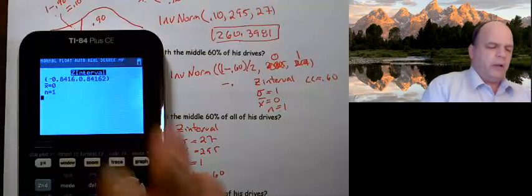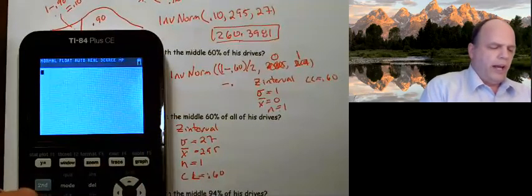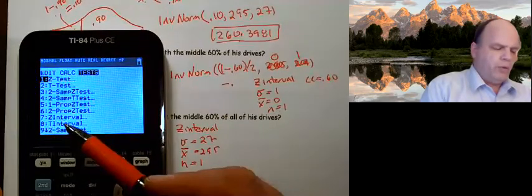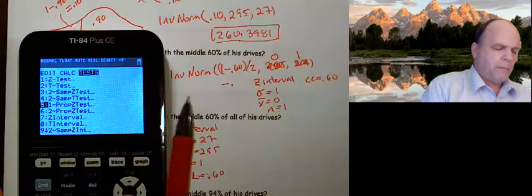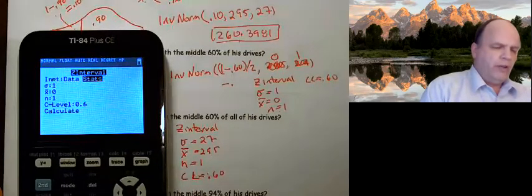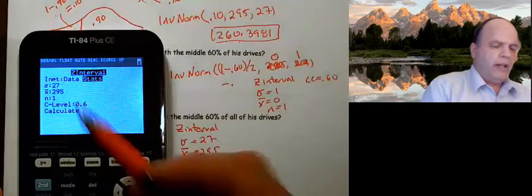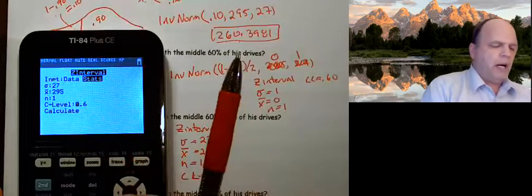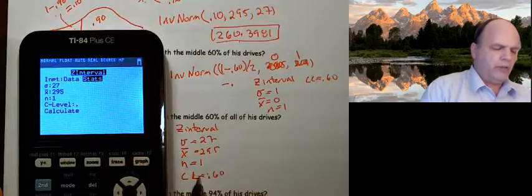So let's try that out. So stat, test, I'm going to scroll down to number 7, which is z-interval. My standard deviation was 27. My mean was 295. We said they didn't give us a sample size. When they don't, we're going to use 1. And we keep the confidence level of 0.60.